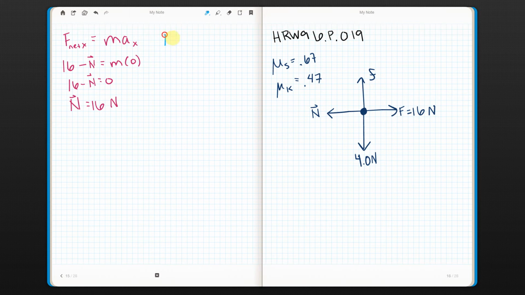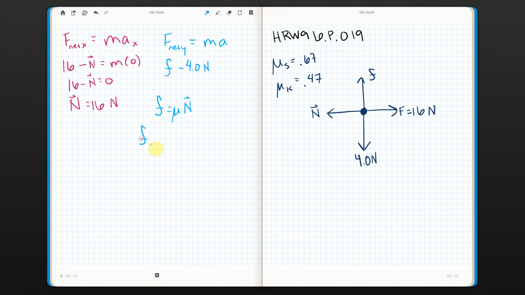So let's look at that. F net in the y direction is going to be mass times acceleration. So we've got friction force up minus 4 newtons down. Well, friction force is mu times the normal force.